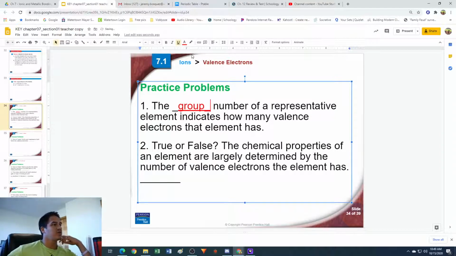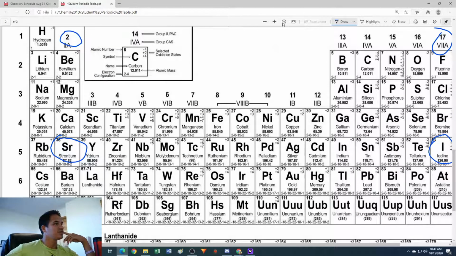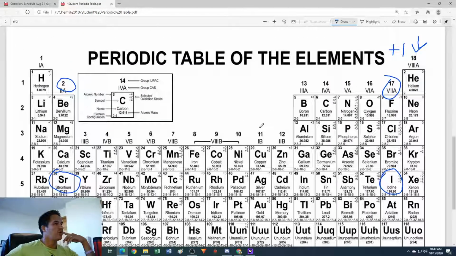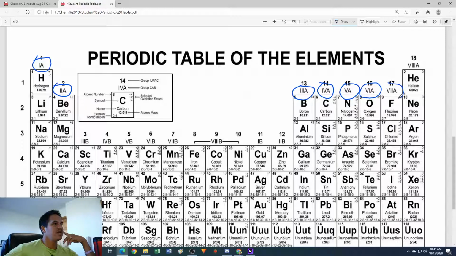So again, just to remind you what a representative element is. On our periodic table, and let's unzoom here a little bit, we have a lot of elements, of course, but the representative elements are the ones with an A on them. So this is 1A, 2A, 3A, 4A, 5A, 6A, 7A, and 8A.